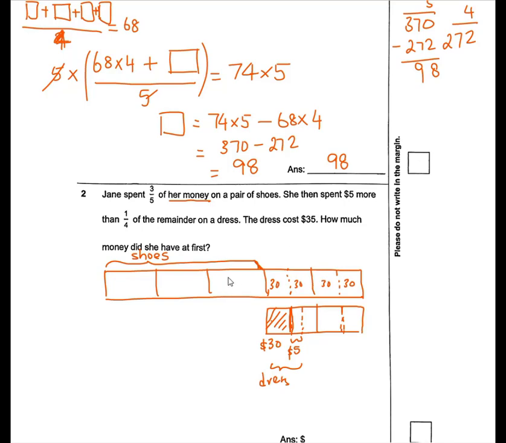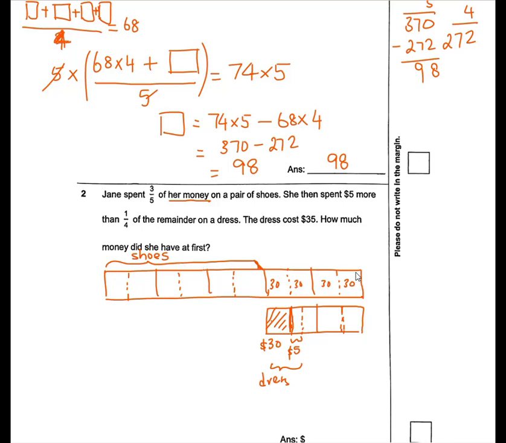Similarly, these have to be divided into 2 parts each, so that the unit sizes are the same. And when the unit sizes are the same, each of these units is equal to $30. So how many such units are there? 1, 2, 3, 4, 5, 6, 7, 8, 9, 10.